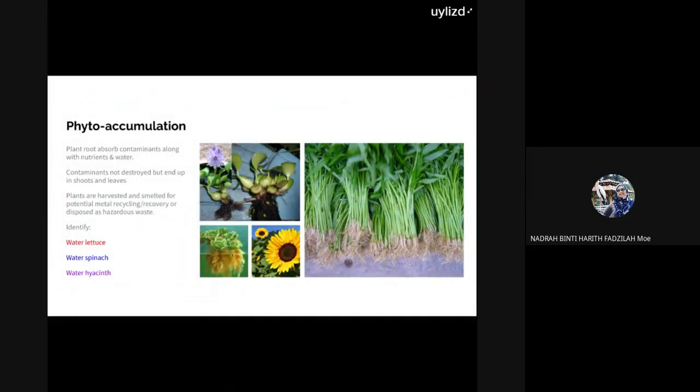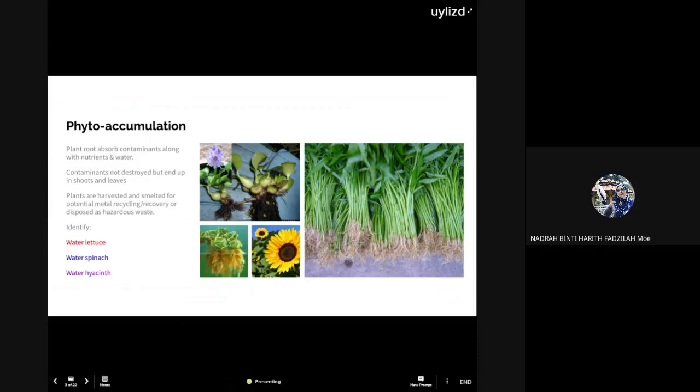In a way, it is like water filter. Gambar yang pertama ni, identify ni biarlah sebab saya terlupa nak buat draggable untuk dia. So dalam phytoremediation, dia ada banyak-banyak term lah.